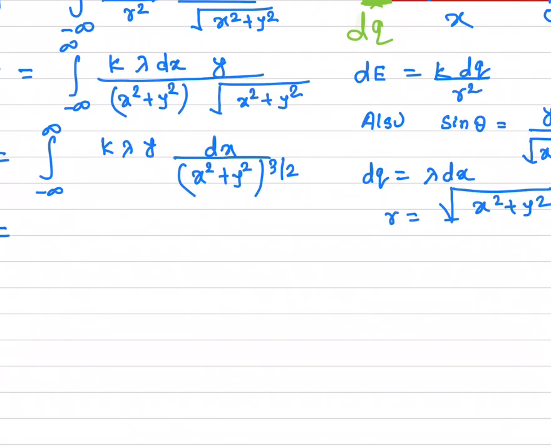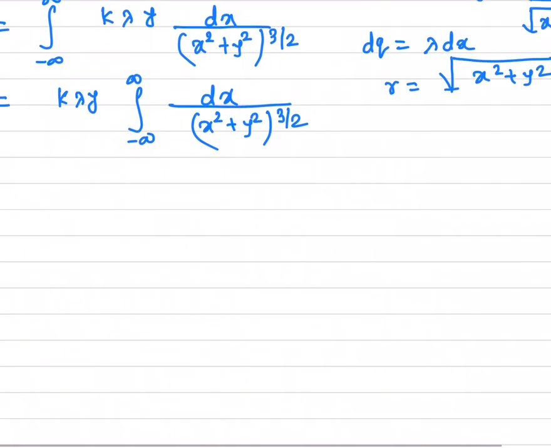And now we can further simplify this. This is now a symmetric equation. It is an even function in x, because this is x squared. So for those who have taken a calculus class, as this is an even function, I can simply take that constant out: k lambda y, and minus infinity to infinity dx over x squared plus y squared to the 3/2.